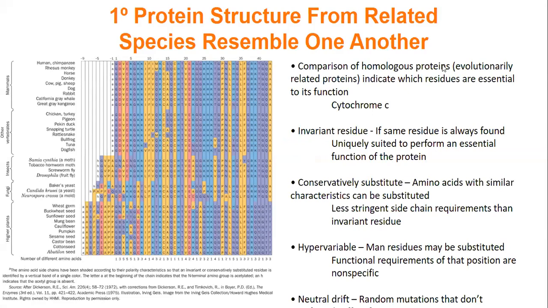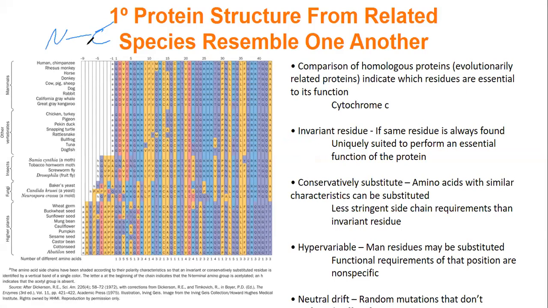So we're going to look at a little bit of evolution. And we're going to look at primary structure. Again, what is primary structure? It is simply the sequence from N to C terminus. It's what is my protein sequence when I go from N terminus to C terminus.